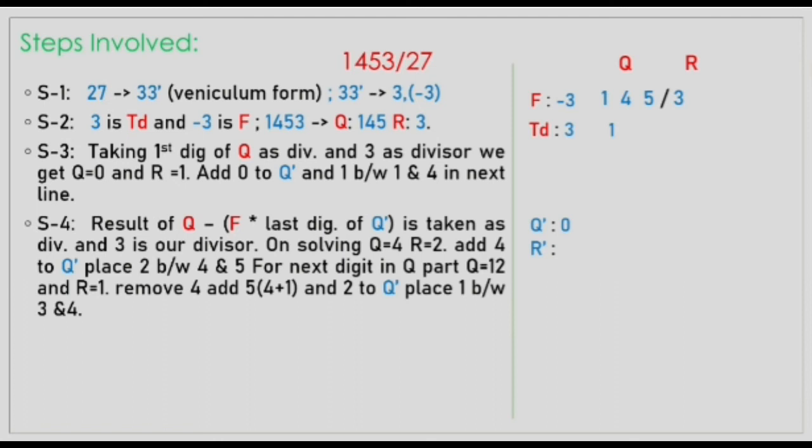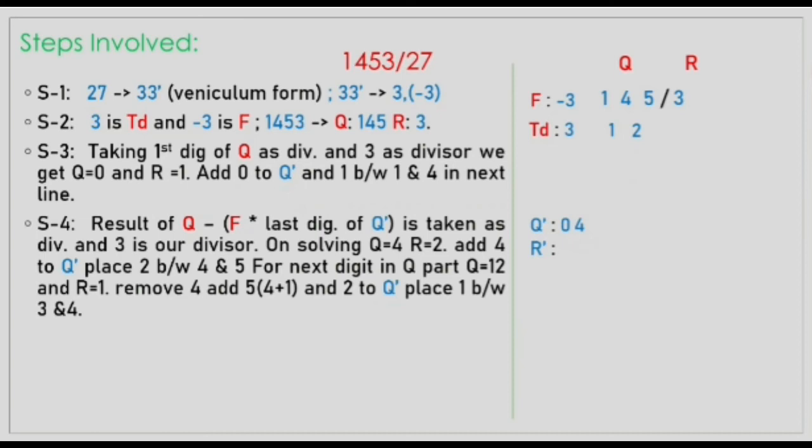So here 1 and 4 will be 14, as 1's right diagonal digit is 4. We'll be taking it together as 14 and we'll be taking it as our dividend. So using our temporary divisor, quotient will be 4. Let's add 4 to our quotient part and remainder will be 2, placing it between 4 and 5.